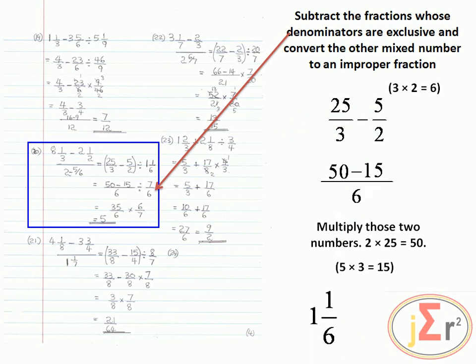And we will convert the other one to an improper fraction. So 6 multiplied by 1 is equal to 6. And then 6 plus 1 is equal to 7. So we will have 7 over 6.